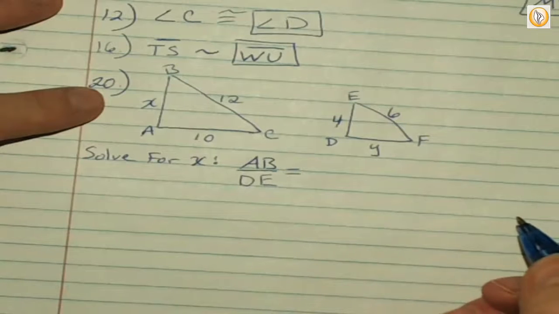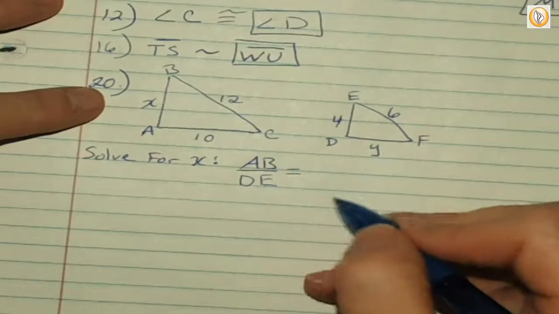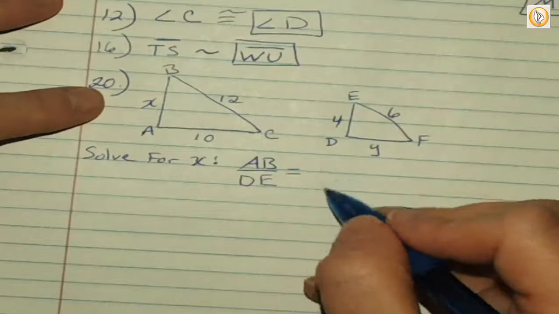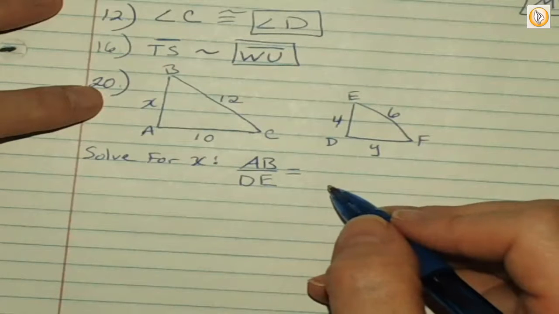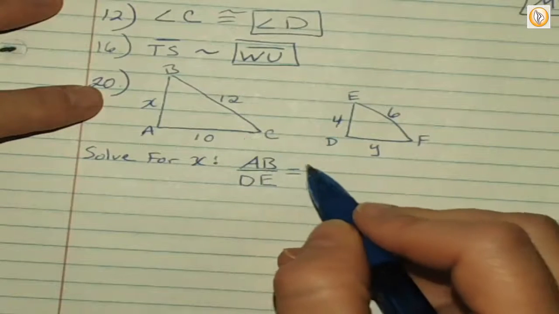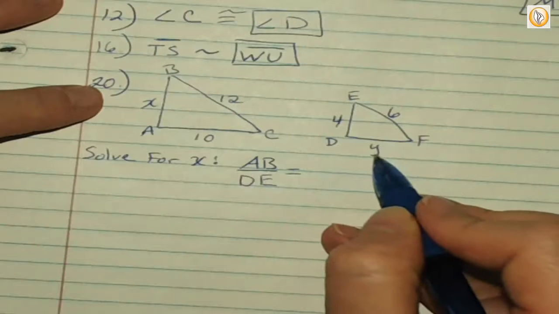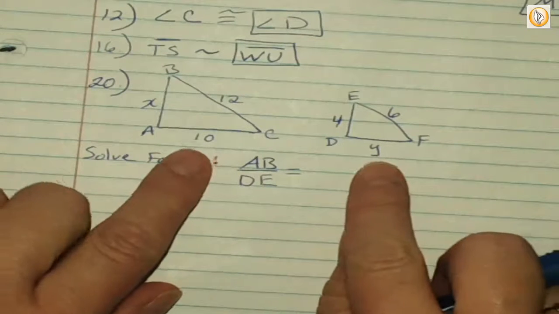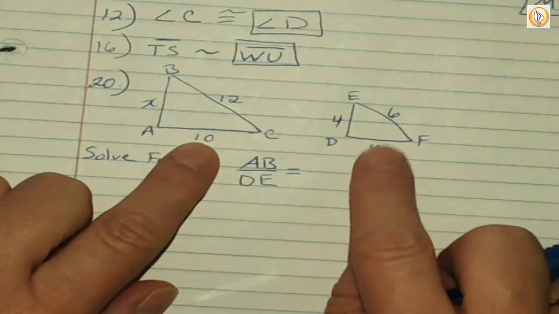Now, what two sides should I choose for over here? Gabby? A. C. Oh, yeah. Well, if I do AC on top, look, DF has a Y. So we can't choose those sides because they both don't have measures yet.